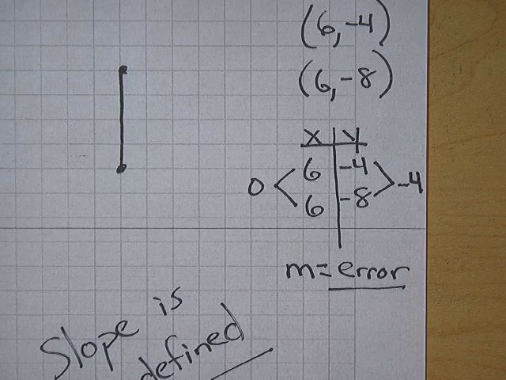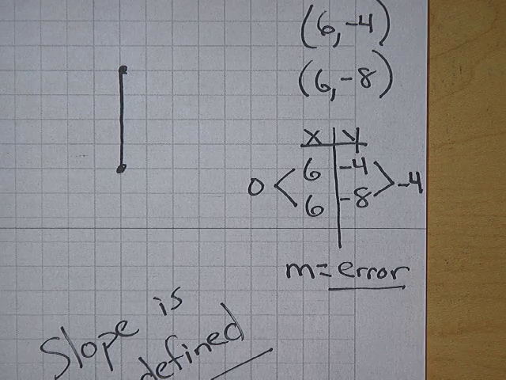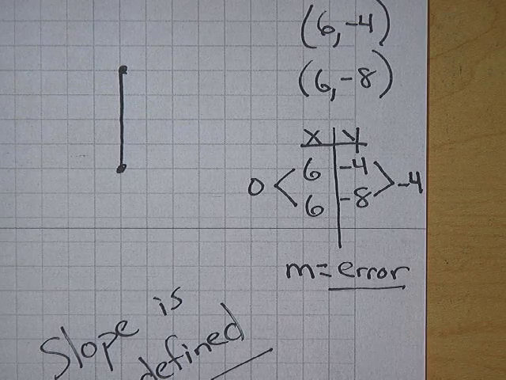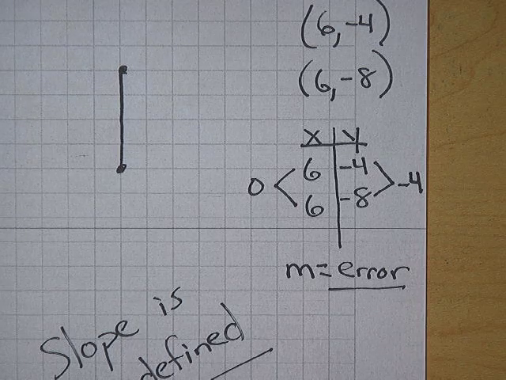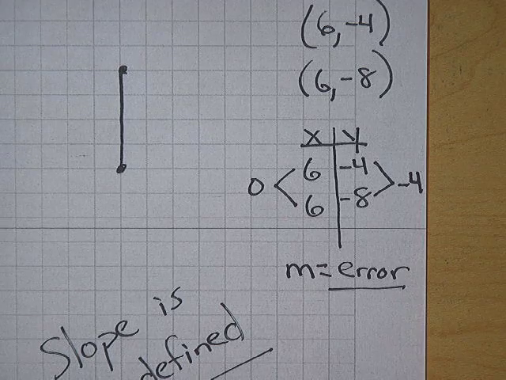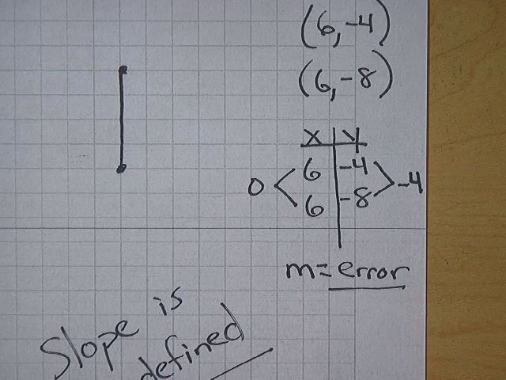Think about it this way. If I have no money on me, and I'm going to divide it between everybody in the classroom, so I've got no money, and let's divide it by 30. How much money is everybody going to get? 0. So 0 divided by 30 is 0.